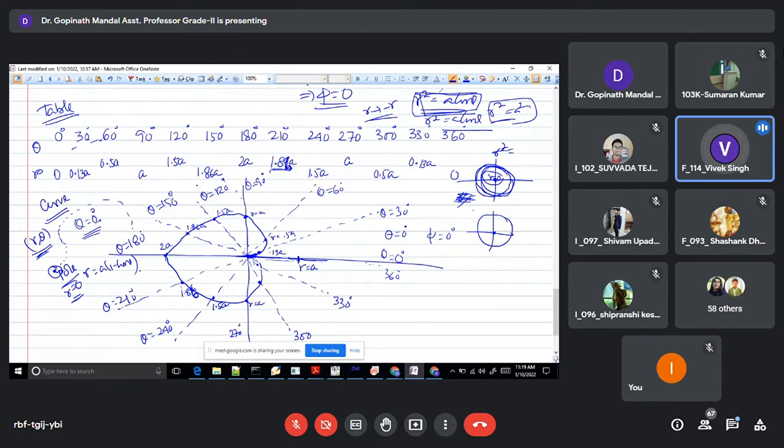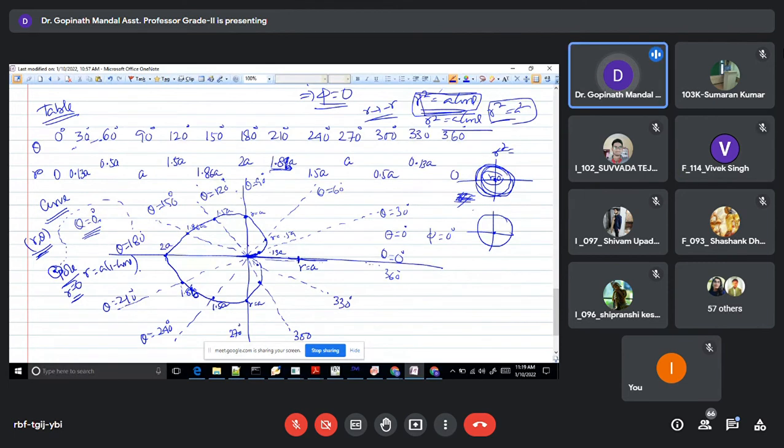You explained two conditions for the curve to be symmetric about theta equal to pi by 2. One was that if theta goes to minus theta and r goes to minus r, the equation remains the same, then it is symmetric. Another was that if theta goes to pi minus theta and the equation remains the same, then it is symmetric. Is it possible that both conditions contradict?